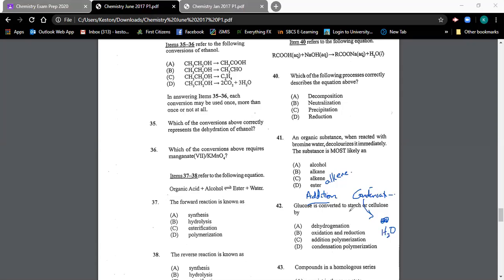So starch is a naturally occurring polysaccharide, not glucose. The monomer unit that you make starch from is glucose. Make sense? Glucose is C6H12O6. Glucose is actually one of these ketone or aldehyde sugars, but I won't go into that.